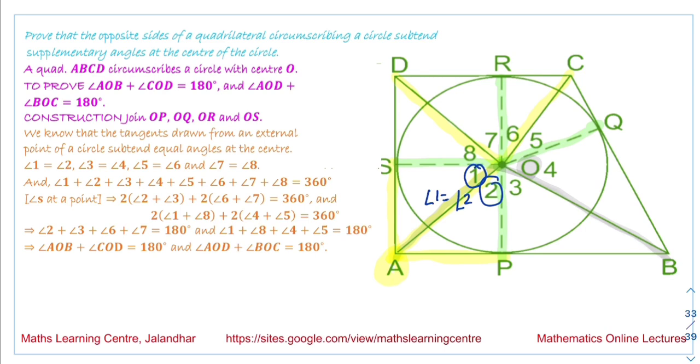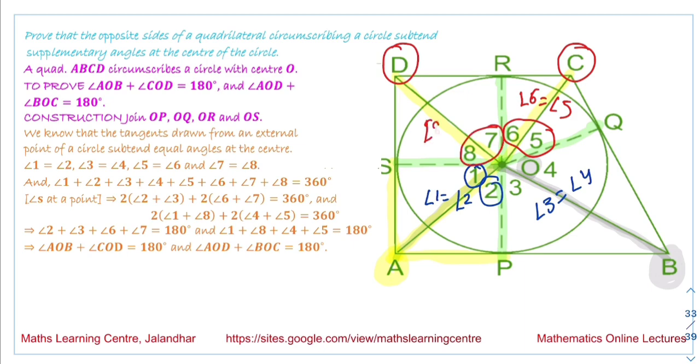Similarly, for point B, OB is the angle bisector, so angle 3 will be equal to angle 4. Similarly, angle 6 is equal to angle 5 corresponding to point C, and corresponding to point D we have angle 8 equal to angle 7.